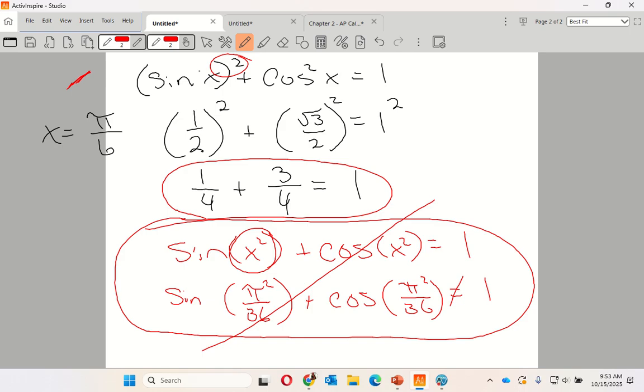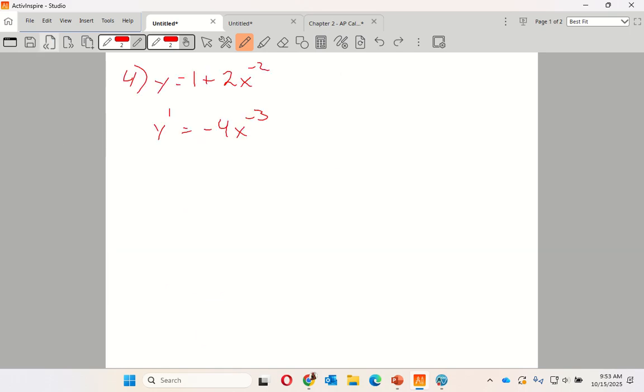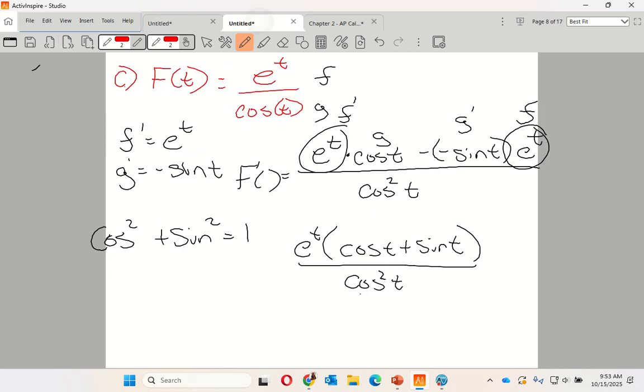All right, where was I? I think I was right here, wasn't I? Okay, so we're okay with this? Does it matter if you put X instead of T?